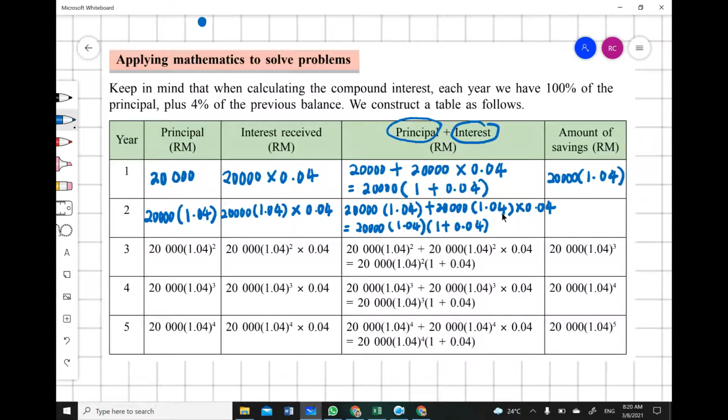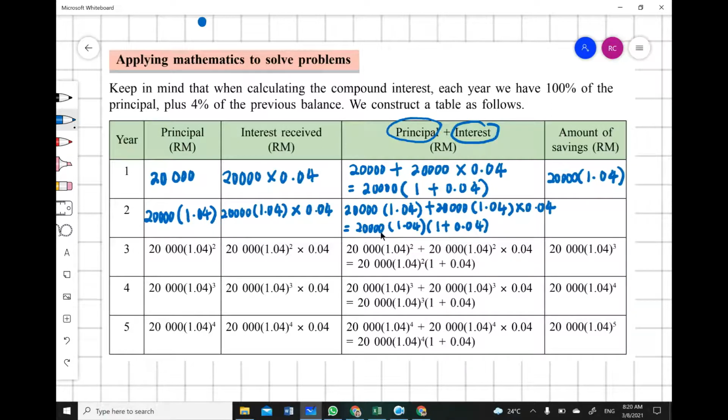Are you okay so far? After that, we can simplify this part: 20,000 times 1.04 times (1 plus 0.04). So we are going to get 20,000 times 1.04 to the power of 2. How to get that?